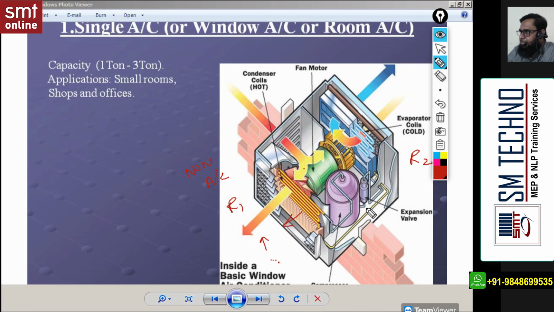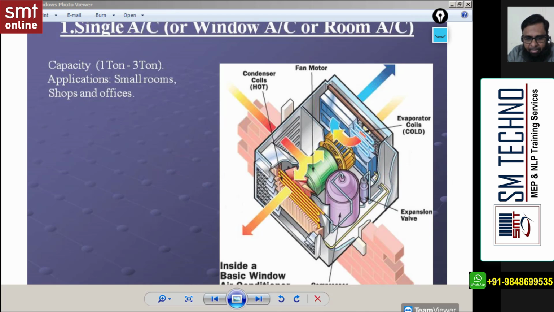No rejection of heat means no cooling. And if this is outside, there is continuously moving air. Whenever hot air is thrown, it will be replaced with fresh air, like a source. Continuously we can reject the heat to outside because it's moving air. So an exposed wall is required to install this. Okay, so these are the disadvantages.